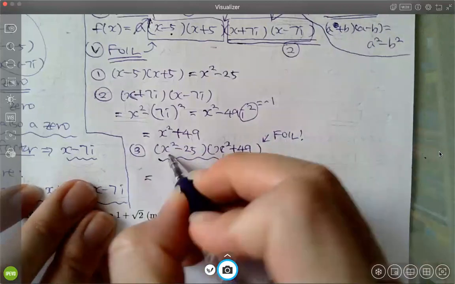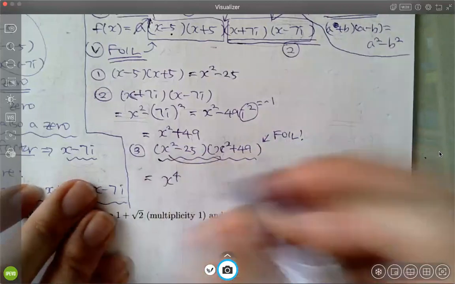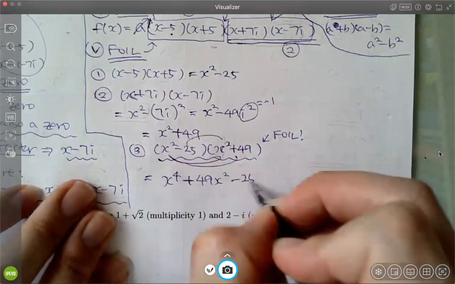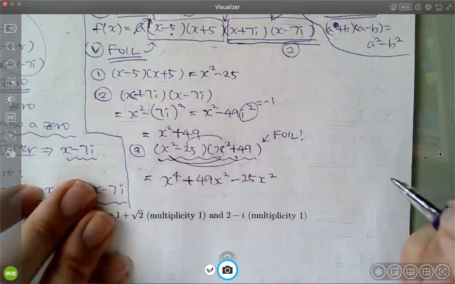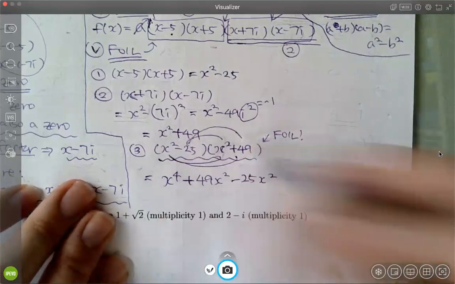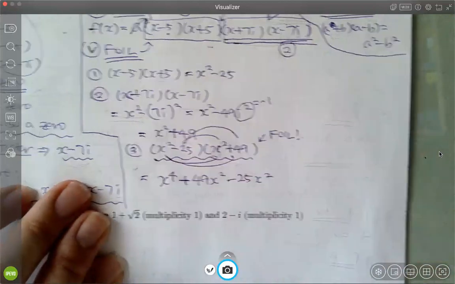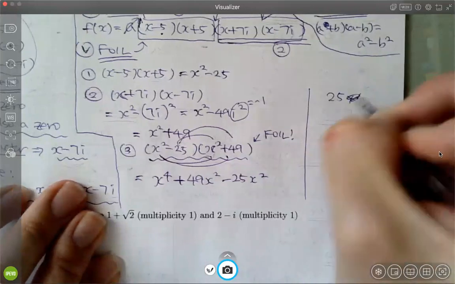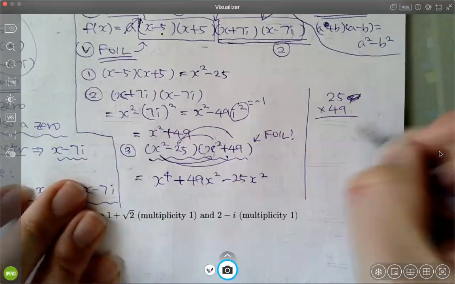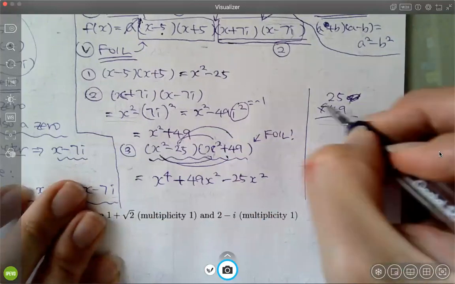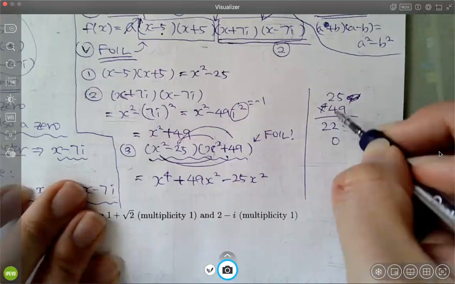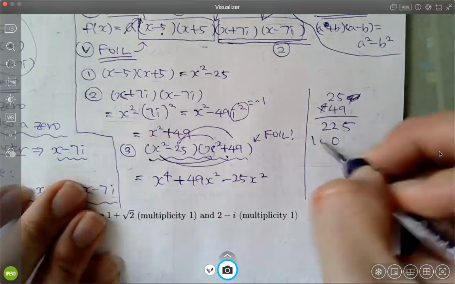Okay, so what do you get? So x to the 4th and then plus 49x squared, and then minus 25x squared. Okay, so those are pretty easy. And now 25 times 49. So what is this? 5 times 4 is 20, so that's 225, and then 2 times 5 is 10, so that's 100, right?